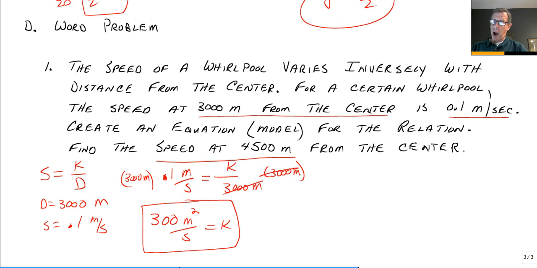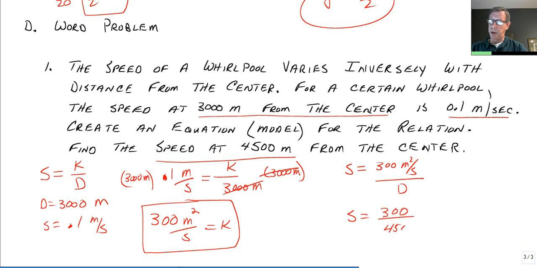Well, now I can rewrite my model. The speed is going to be equal to 300 meters squared per second all over the distance. And let's forget about the units for a second when I work this. We know that the end value is going to be meters per second. So I'm just going to plug the numbers in to make it a little clearer. So speed is equal to 300 divided by 4,500.